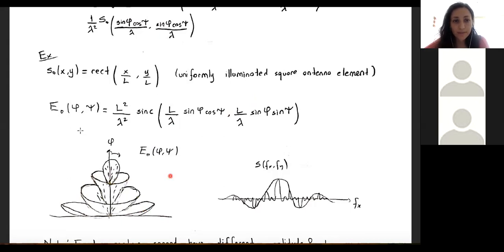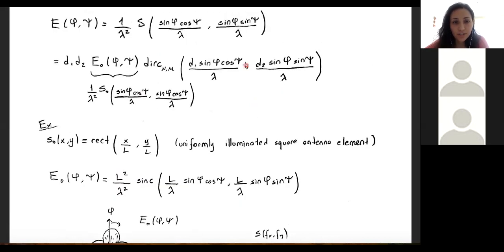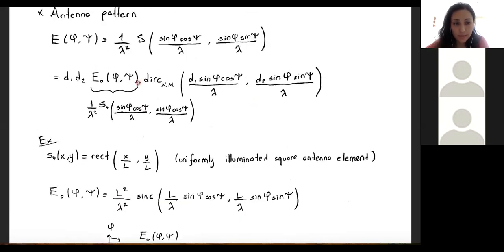Now, this is for a single antenna element. We want to understand the antenna radiation pattern of the antenna array. What's going to change? We're going to modulate this pattern with this two-dimensional Dirichlet function. How will that look?